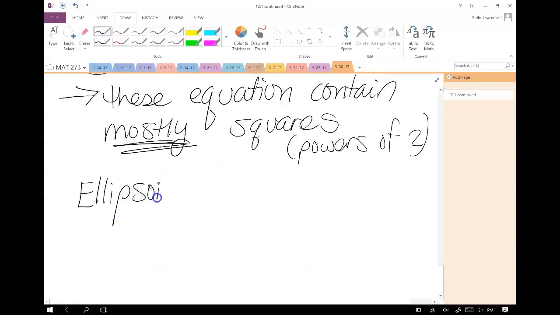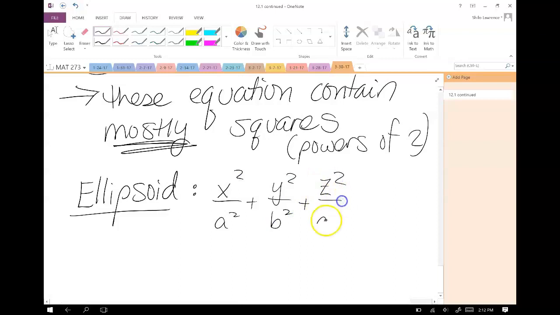And as we go through this, I'm also going to talk to you about traces. Because being able to look at this equation and tell that it's an ellipsoid requires you to be able to identify the traces. So we need to talk about what exactly a trace is and how we find a trace. So the formula for an ellipsoid is x squared over a squared plus y squared over b squared plus z squared over c squared equals 1.